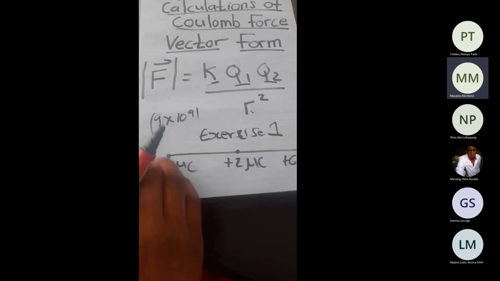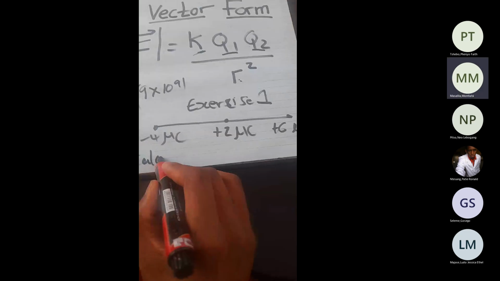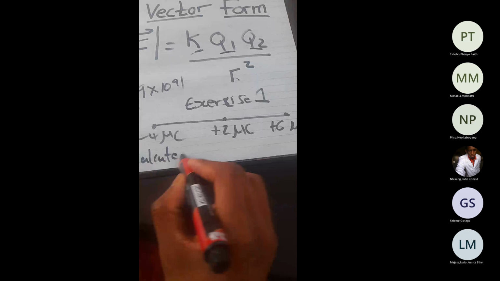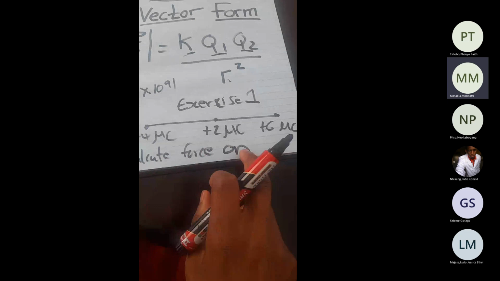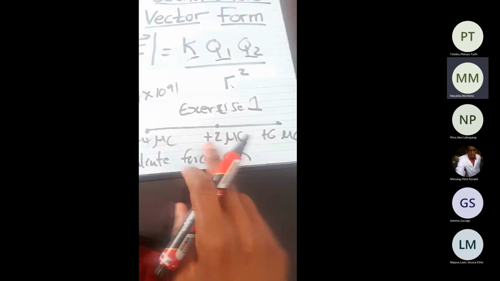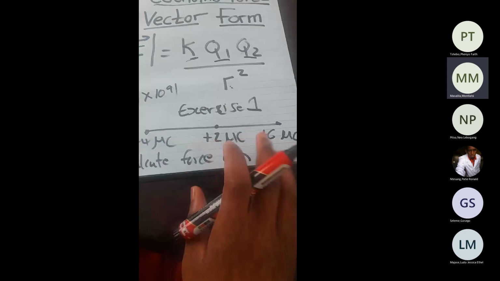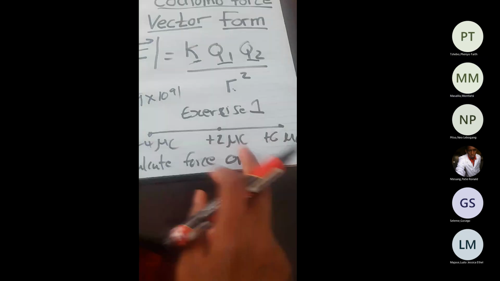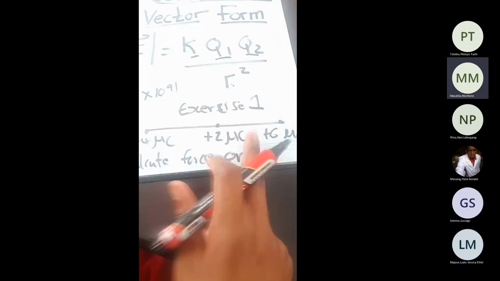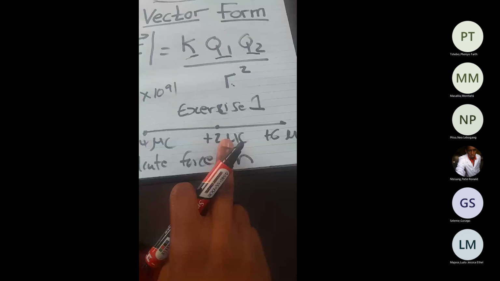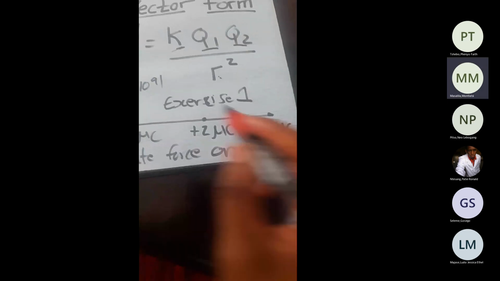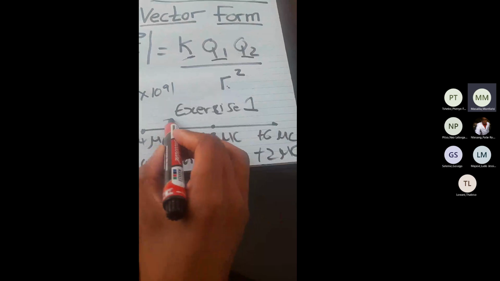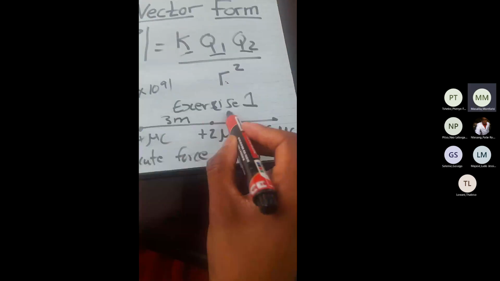So you're going to calculate the force on, choose which charge. Apart from negative 4, choose another charge. You choose one charge. Calculate the force on this charge, plus 2 microcoulomb, where this distance here is 3 meters and here is 2 meters.